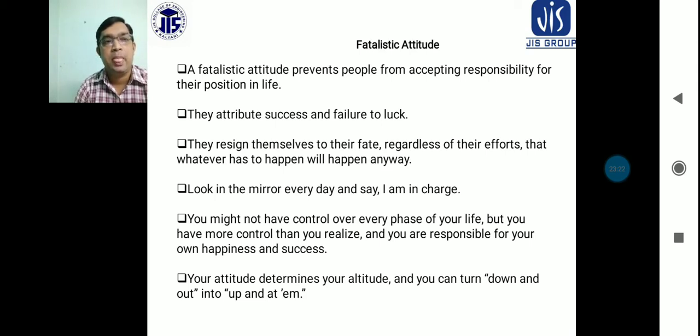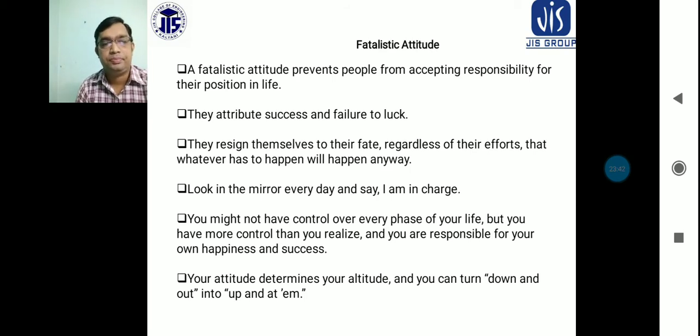Another thing: your attitude determines your altitude. You can turn down and out into up and at 'em, unlike the fatalistic attitude.